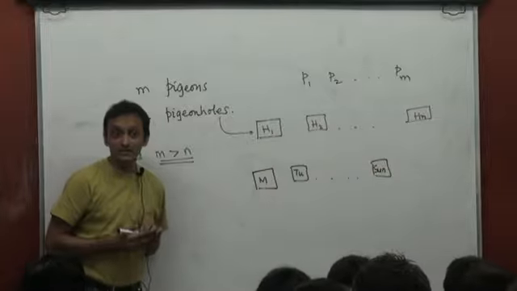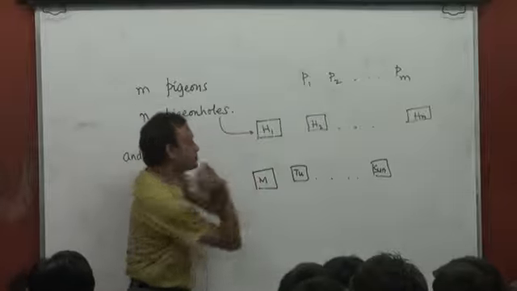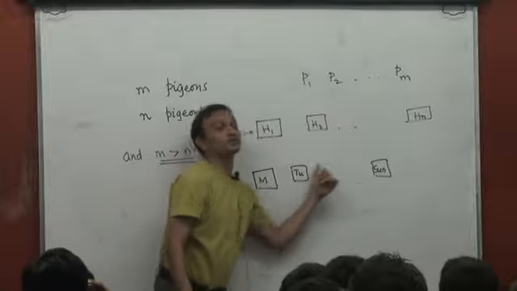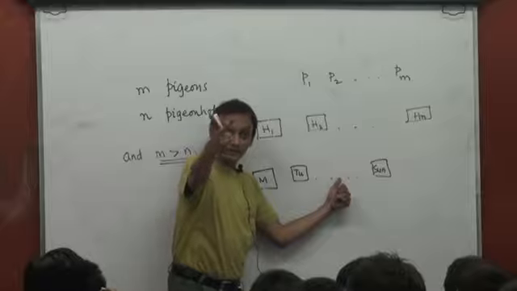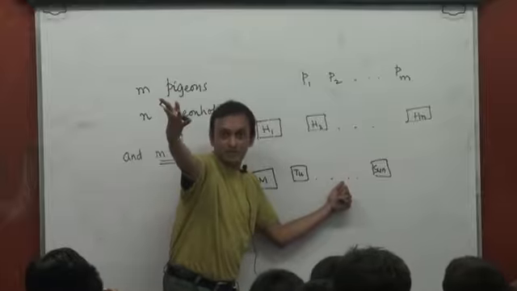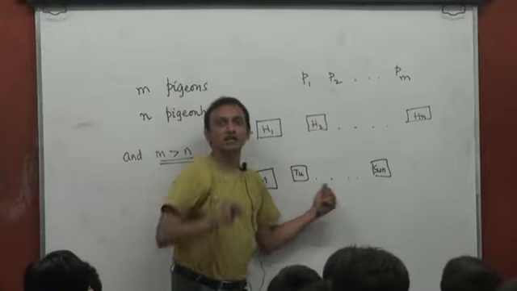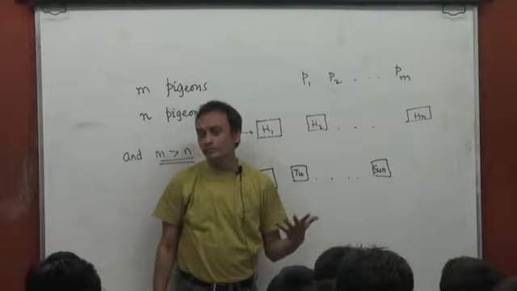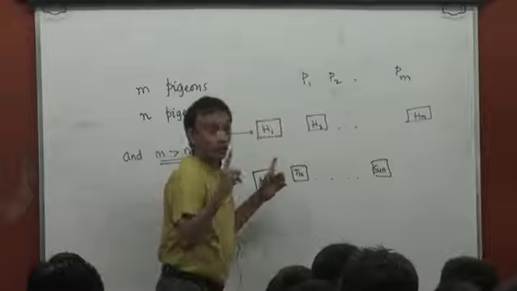Right? 7 days. More than 7 people. You push people into their corresponding slots based on the day on which they are born. Do you realize that there would be at least one slot with more than one person? So there must be at least 2 people born on the same day of the week in this class. Yes or no? They must be.